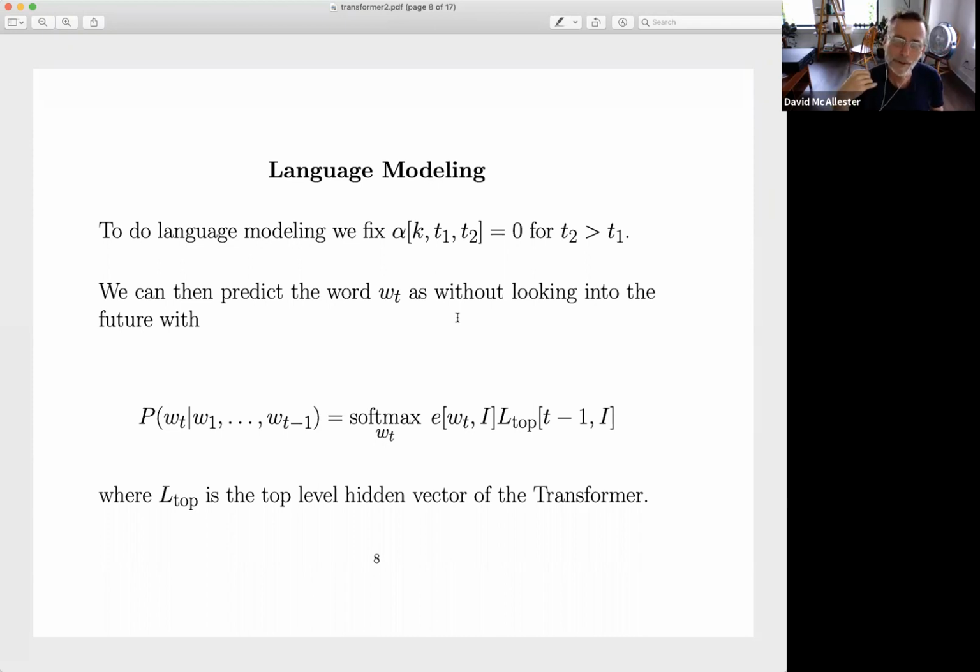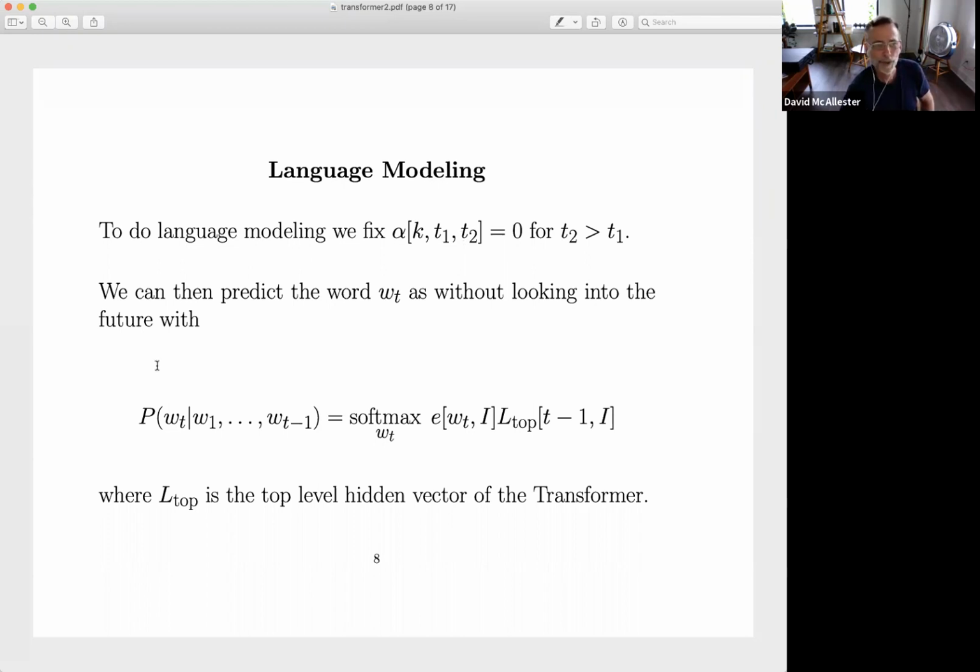So the way you do that efficiently is, when you compute this attention, if T2 is greater than T1, you force the attention to be 0. You mask it out, you blank it out. And that means that a given word is paying attention only to itself and the past.